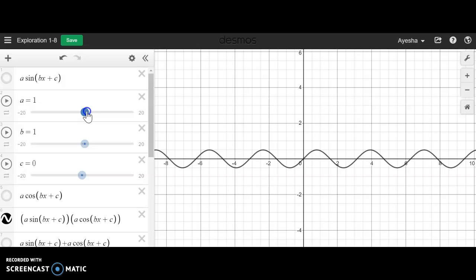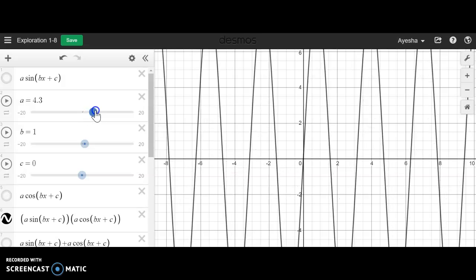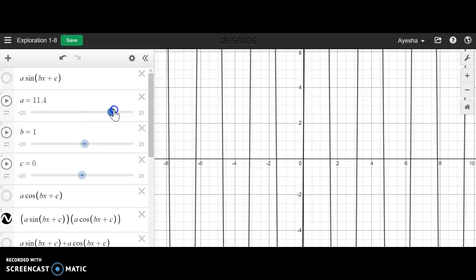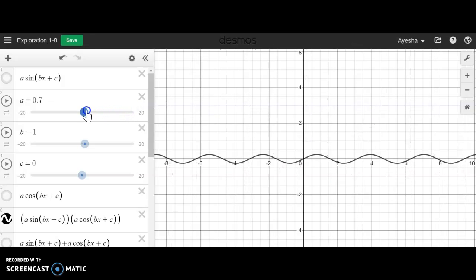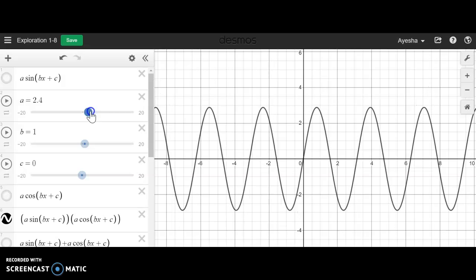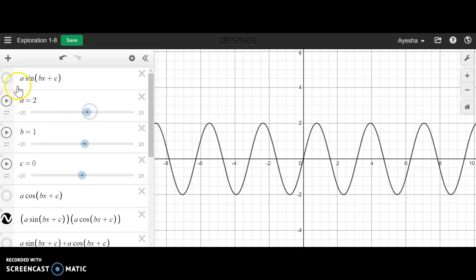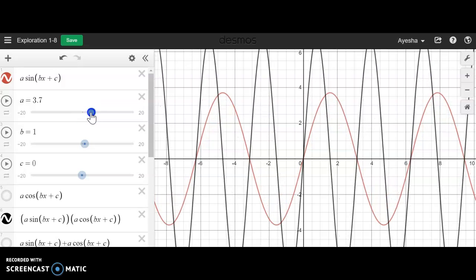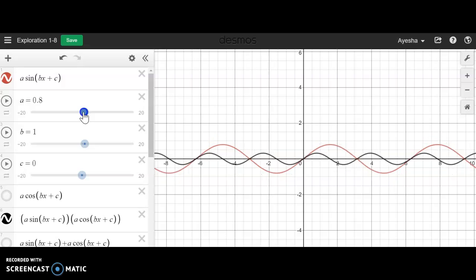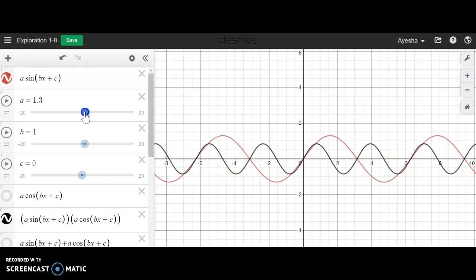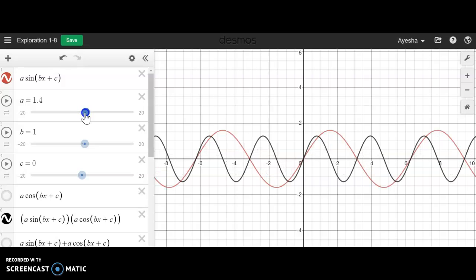So I'll start by increasing a. So increasing a, we can see the amplitude is definitely getting bigger. I just want to see what f of x, a sine bx plus c, looks like with a increasing compared to h of x.